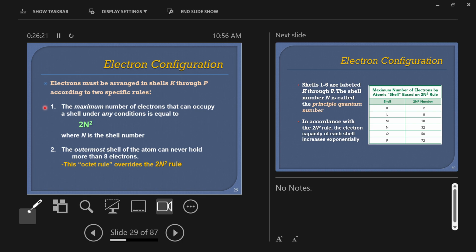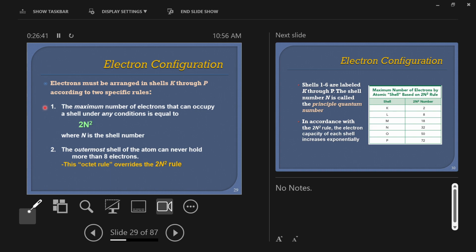Okay? If you look at neon, for example, what's neon's atomic number? 10. Good. How many electrons will be in the inner shell of neon? 2. Good. So how many do we have left over? 8. How many can fit in the second shell of neon? 8.